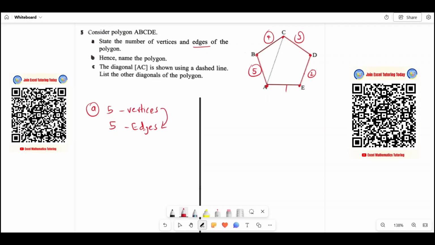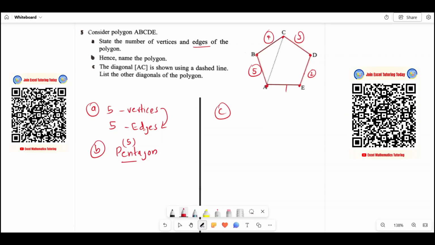You can draw any example: with 3 sides, it has 3 vertices. If it has 4 vertices, it has 4 sides. Then B, 5 sides means, as we learned in the previous one, it's a pentagon. So penta means 5, just remember like that.